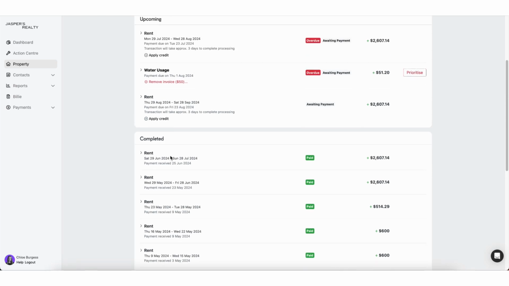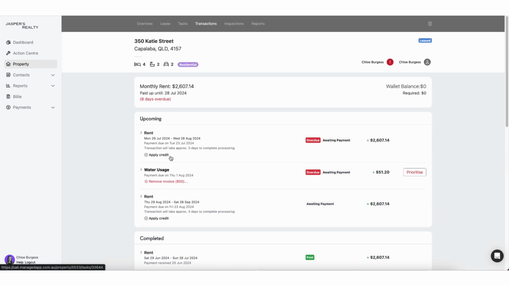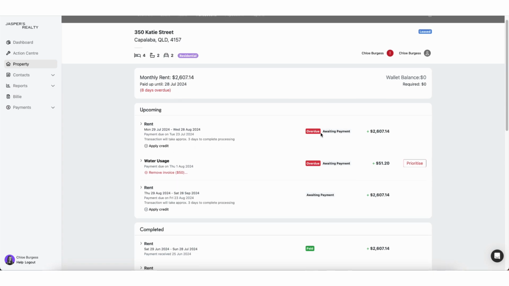Now, on this property here, I can just show you a little bit of an indication of what it may look like if a tenant is overdue in rent. So my tenant here, monthly rental figure, they last paid their rent on the paid up until the 28th of July. They're currently 8 days overdue. It's also going to show there is an overdue rental item marked on their upcoming rental period, and then the one after that, that is not yet due.